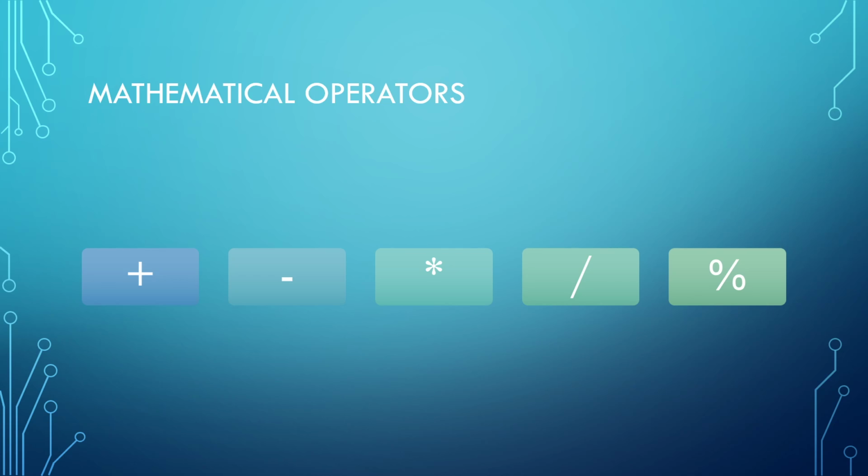Instead of doing A equals A plus B, you could just do A plus equals B, and those would be the same thing. A lot of languages have similar aspects to add a value to an already existing value.